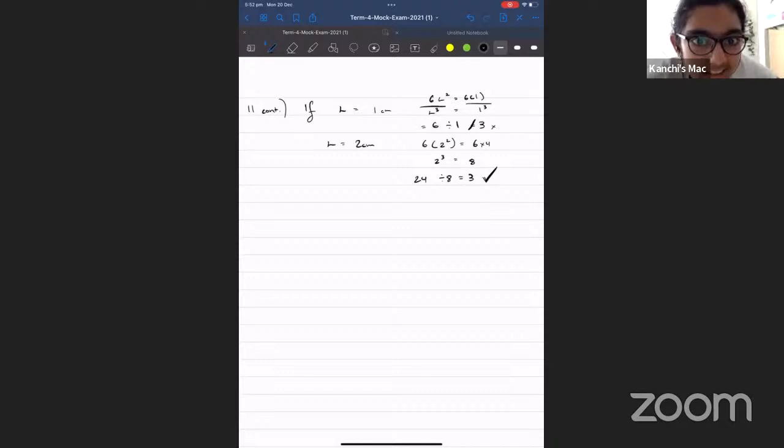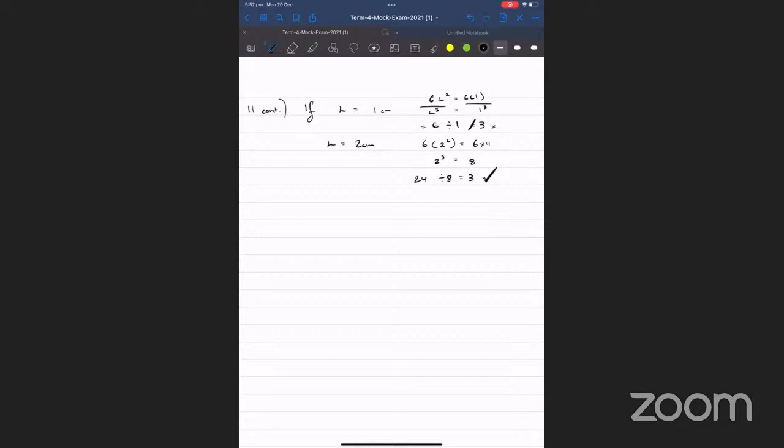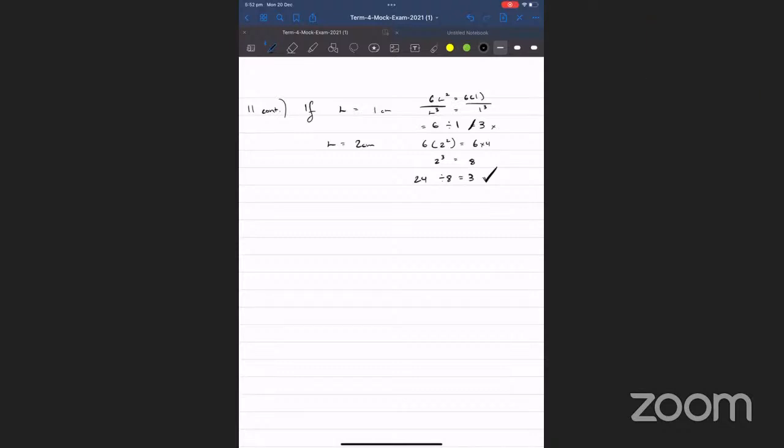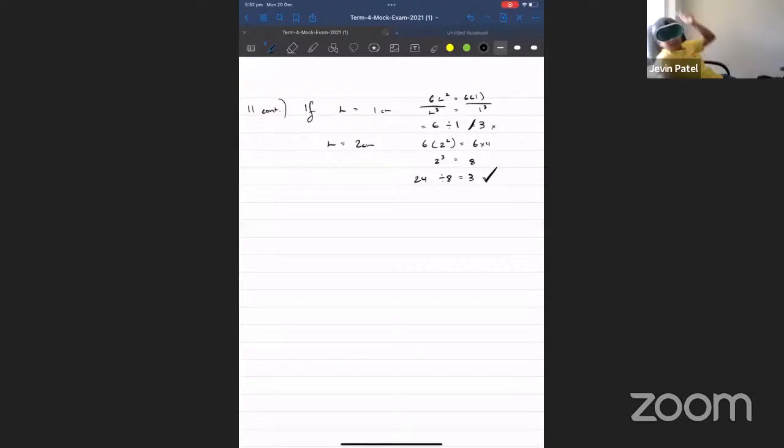Wait, what does that say? 6L squared. Wait, you know on the first line it says 6L2. It says equals 6 bracket 1. Sorry, Barack Obama. Barack Obama, my favorite U.S. president.